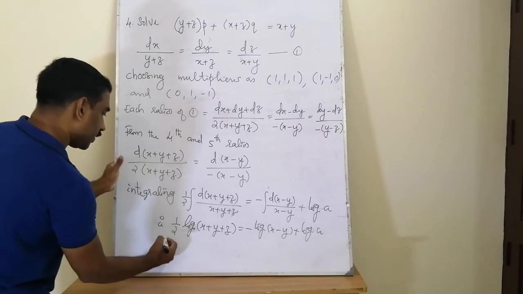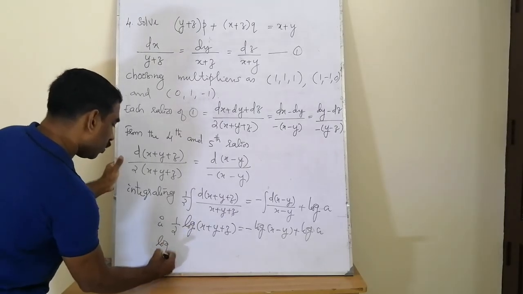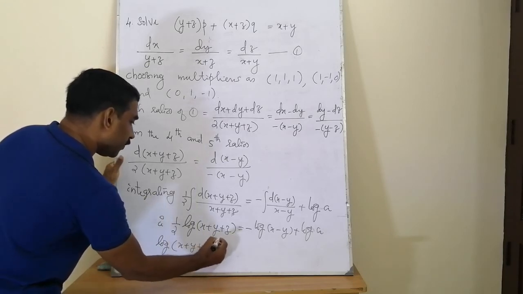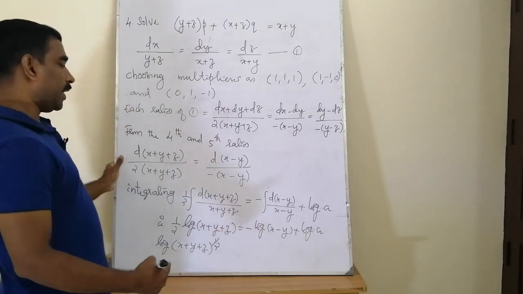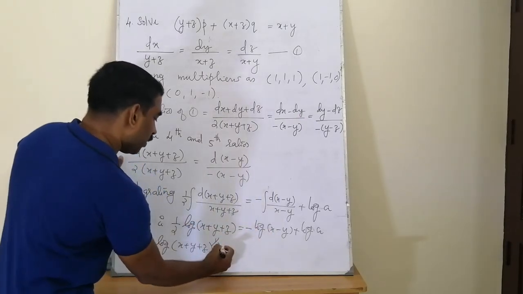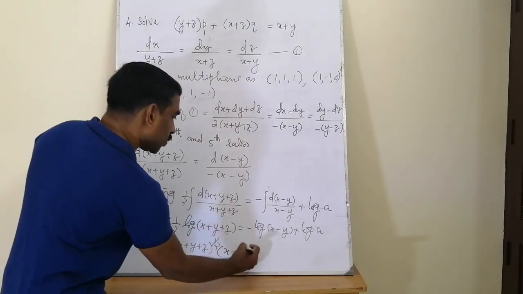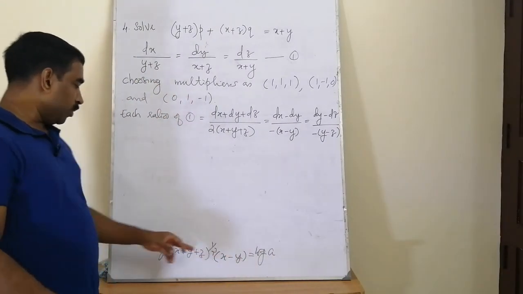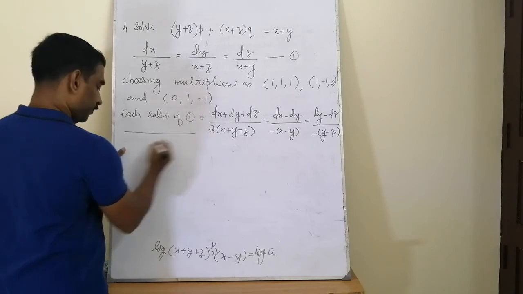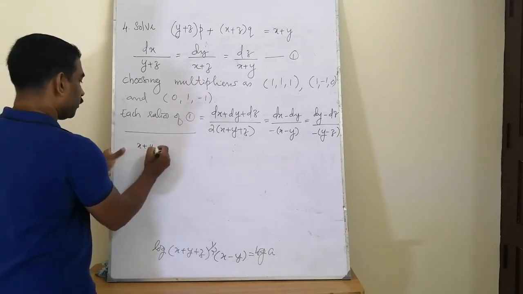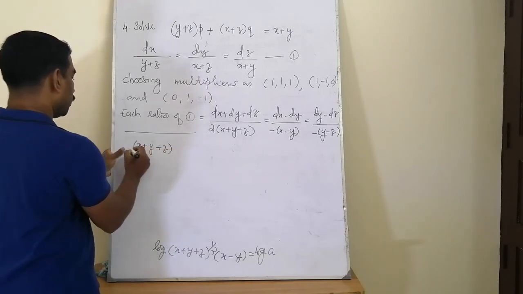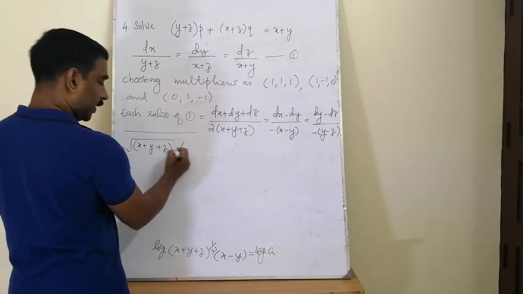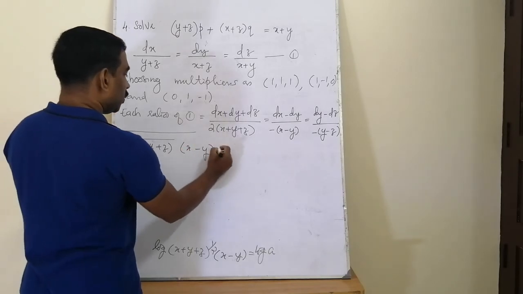Collecting logarithms, this is log of x plus y plus z raised to 1 by 2 and adding, that is plus log of x minus y becomes multiplication, that is into x minus y, is equal to log a. Now taking anti-logarithm on both sides, we have x plus y plus z raised to 1 by 2, or this is square root of x plus y plus z into x minus y is equal to a.